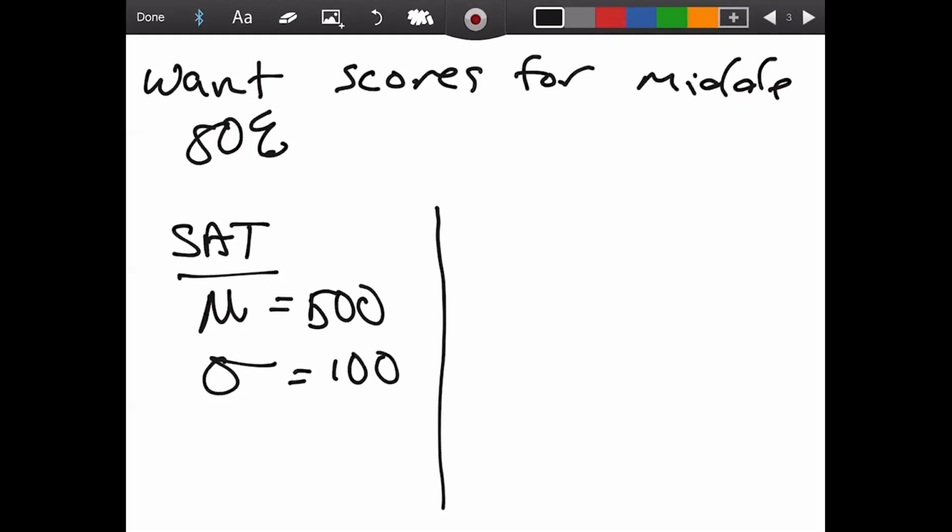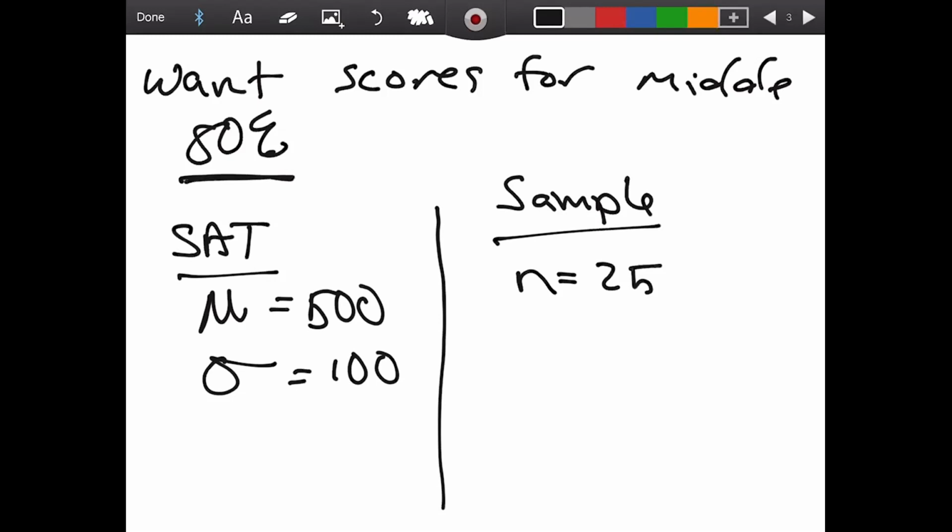And so we are going to take a sample that has 25 individual participants. And we want to know, again, what are the scores that correspond to the middle 80% of the distribution of samples that have 25 people?